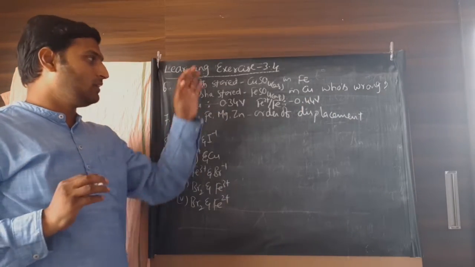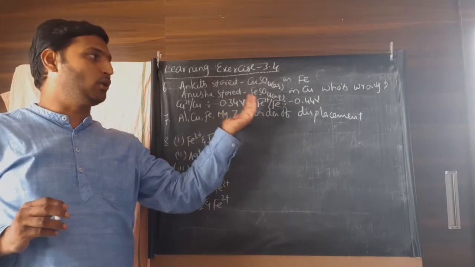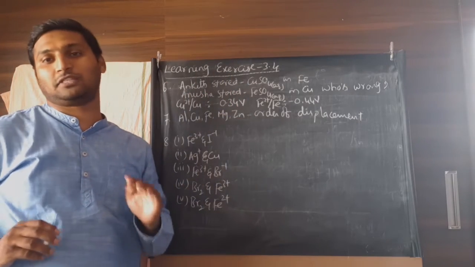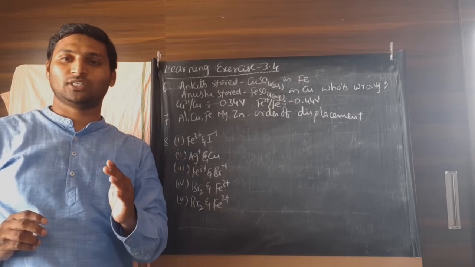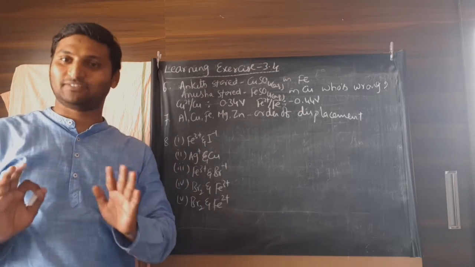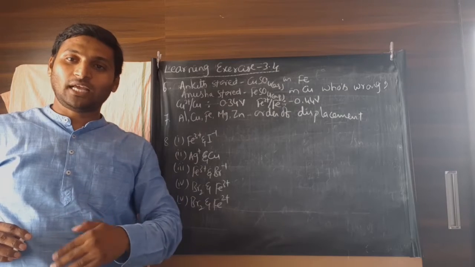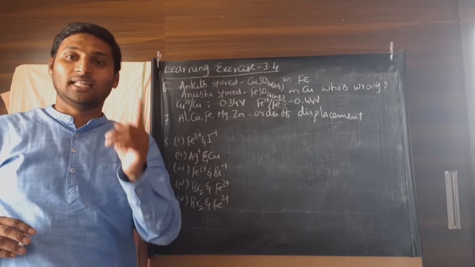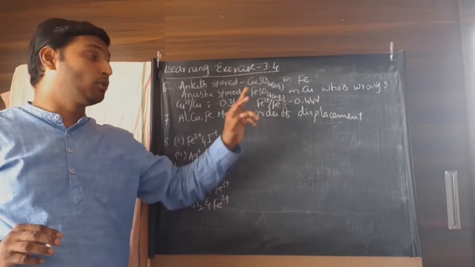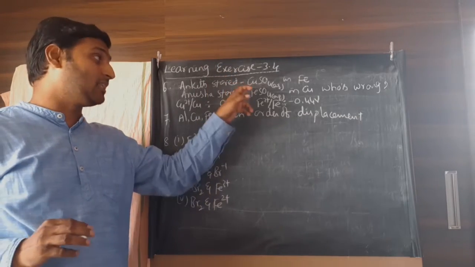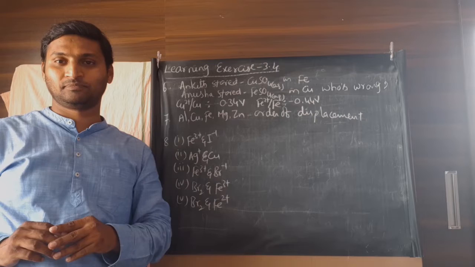Now, regarding storing the given solution in the metallic vessel, first of all, it is always ideal to store solutions in glass vessels, on the safe side. But if you want to really store in a metallic vessel, the metal in which you are storing this solution should be less reactive than the metal present in the solution.